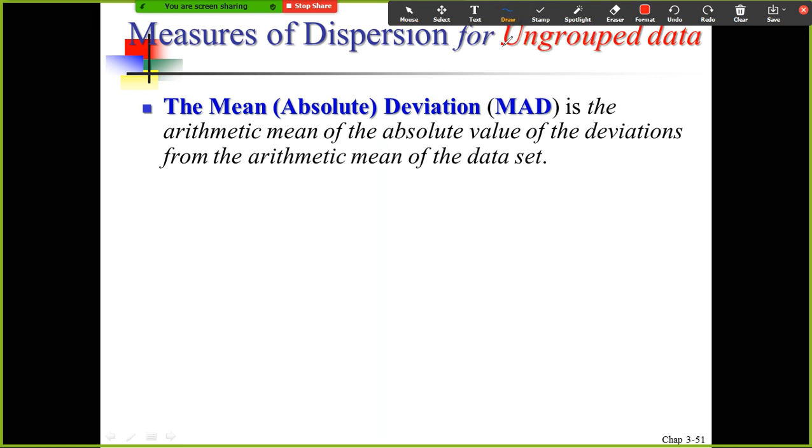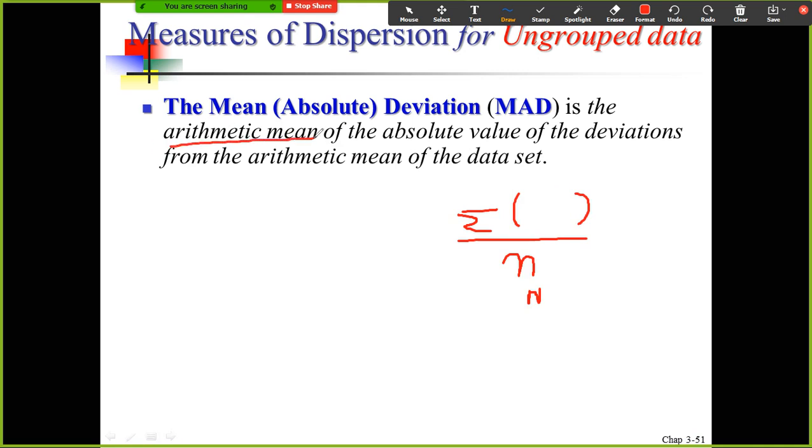What does arithmetic mean mean? Arithmetic mean means the sum of what we study divided by n. It depends on whether it is a sample dataset or a population dataset.